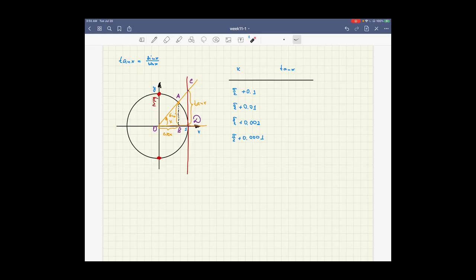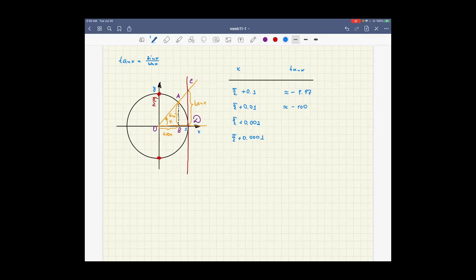For example, tangent of pi over 2 plus 0.1 will be negative approximately 9.97. If you add another zero here, it will be approximately negative 100.